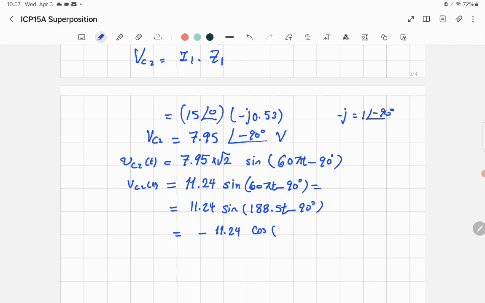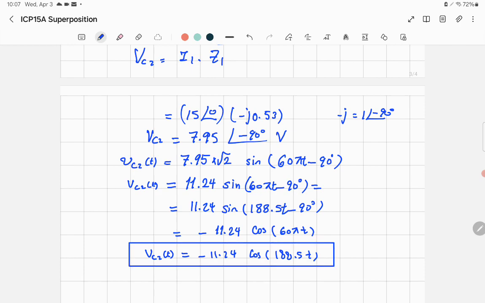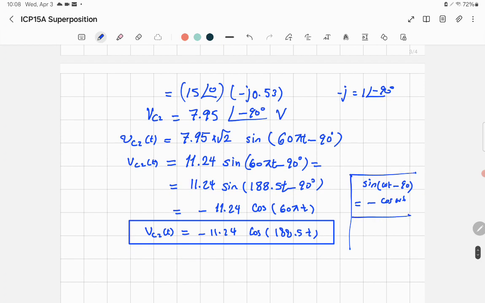Cosine, you can write it 60 pi t if you wish, or you can write it 188.5 t. Why? That's important. T, don't forget it. Okay, so that will be the answer for the second part. Just to remind you, sine omega t minus 90 equals negative cosine omega t. Just if you want to know what we did.